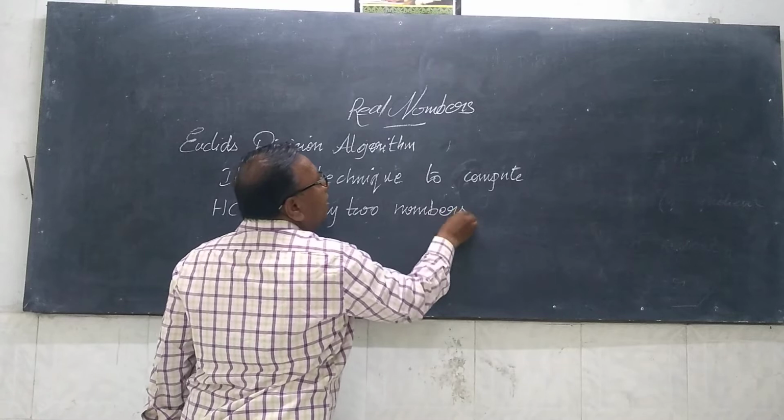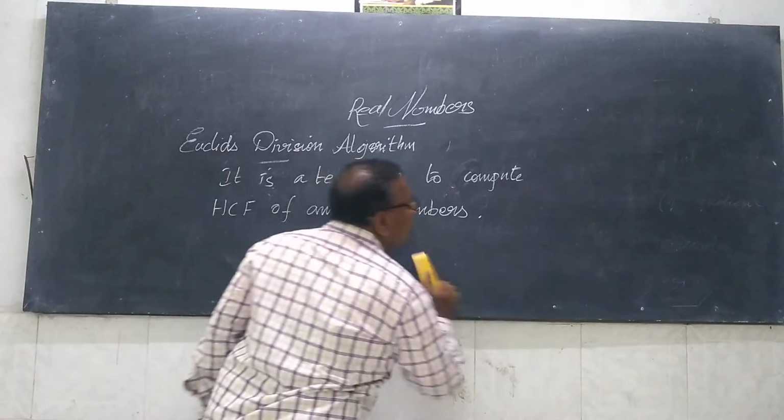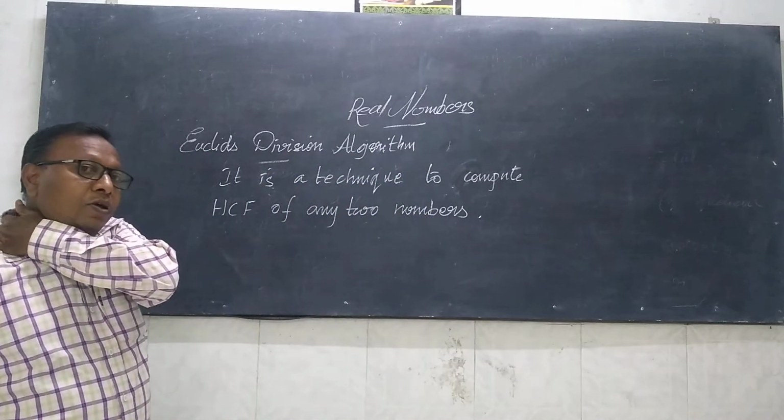Now we'll take one example and try to find the highest common factor of two numbers.